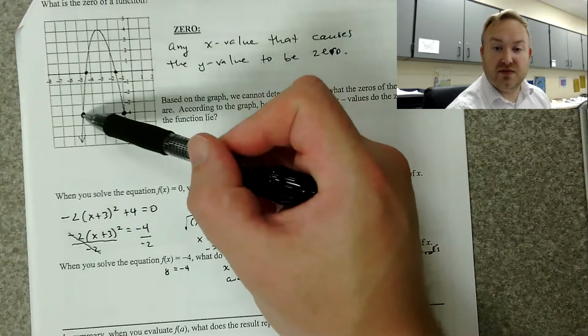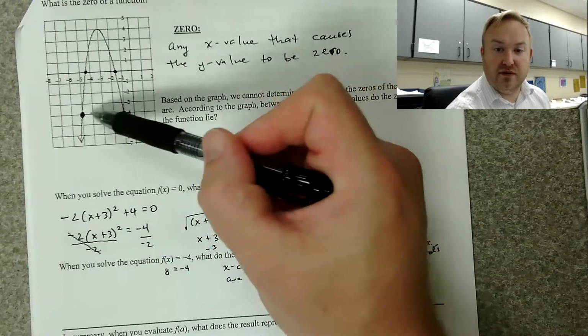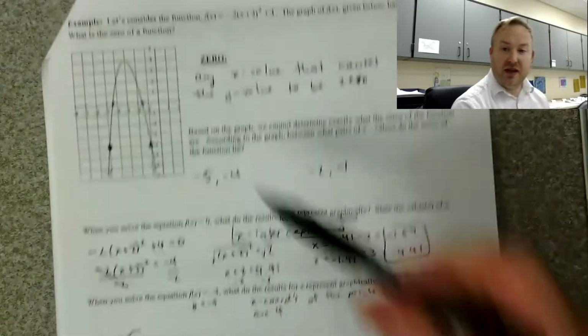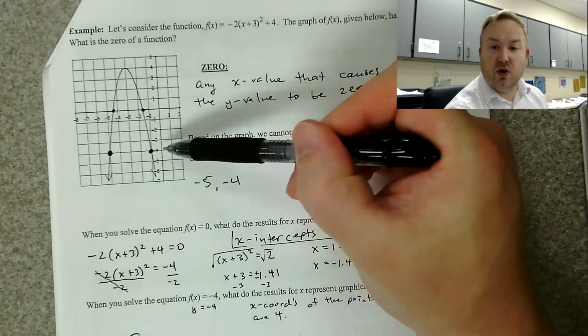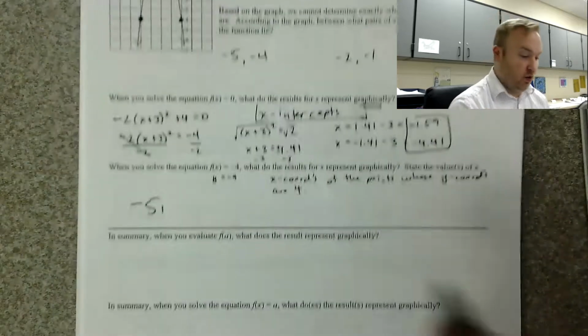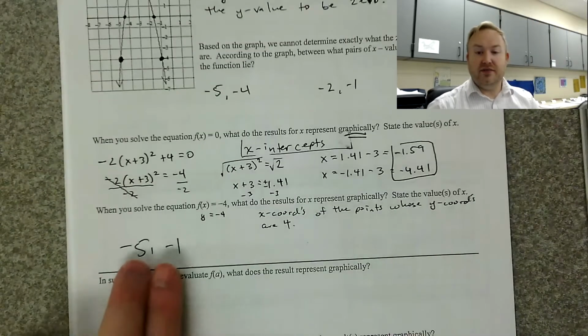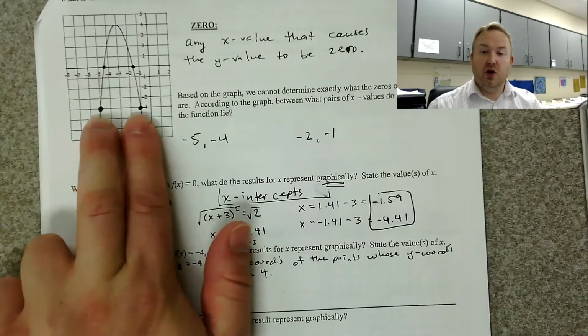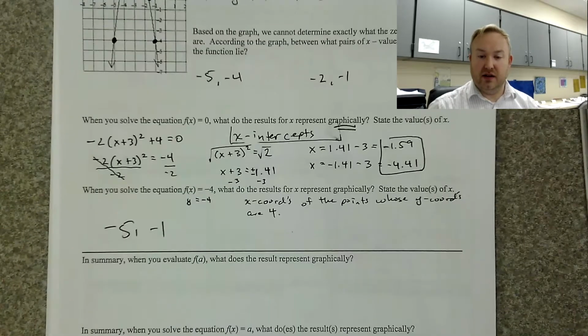One of them, this point here, has a y coordinate of -4. Its x coordinate is -5. The other one here that has a y coordinate of -4, its x coordinate is -1. So -5 and -1, those are the x coordinates of these points whose y coordinates are -4.